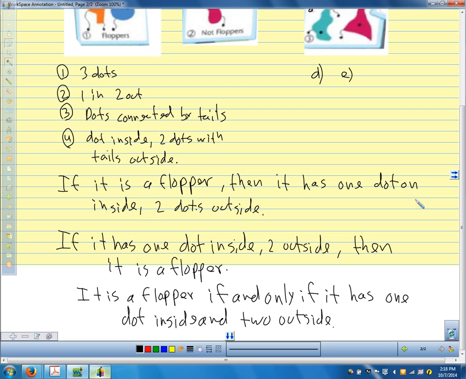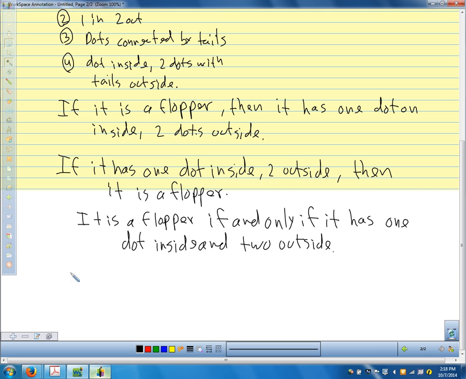So this is how we go about making a definition in math, is we use these biconditional statements. And if we drew a Venn diagram for both parts, I could make a diagram for the first conditional statement. So my little category is going to be flopper. And my big category is going to be one outside, two inside.